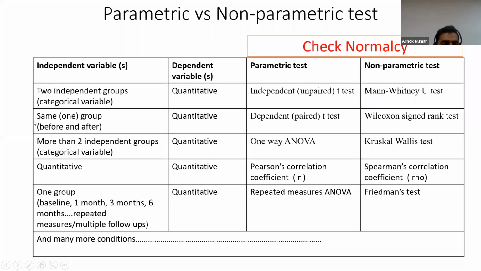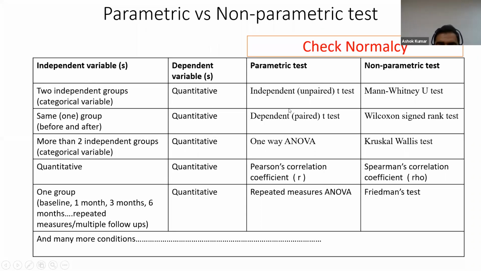At number 2, it is the same group, or one group, and a before and after phenomenon. So in one group, I'll check the weight of the subjects, then I'll give diet modification. Again, after 6 months, I'll check the weight, and I want to compare it. I want to get the difference of weight before and after, because the dependent variable is weight.